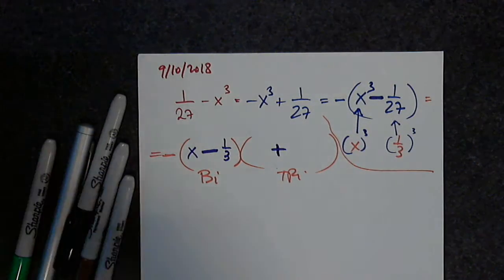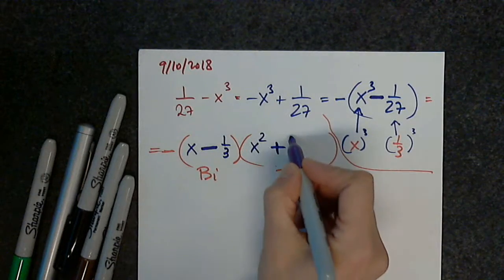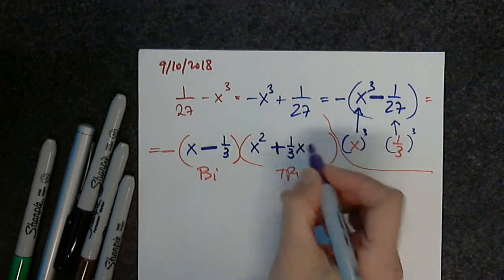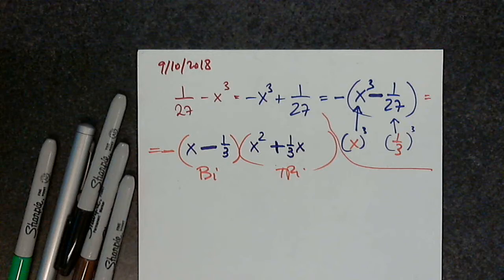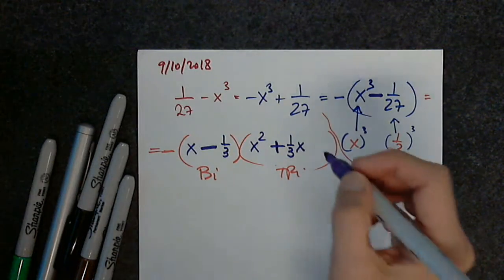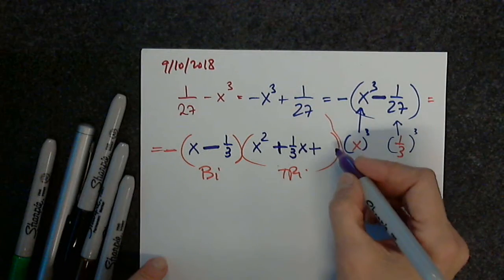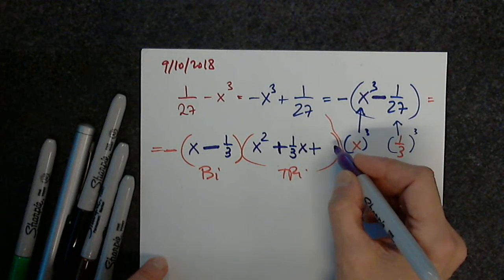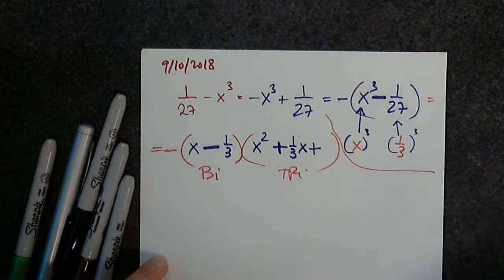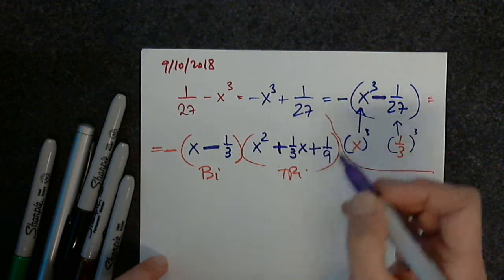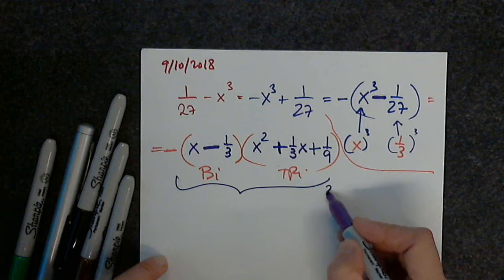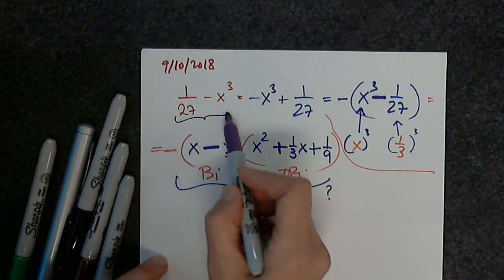Then 1/3 x. It's x times 1/3 or 1/3 times x. And then the last term is always positive. That's why I didn't even discuss the sign. What is it? Yes, 1/9.